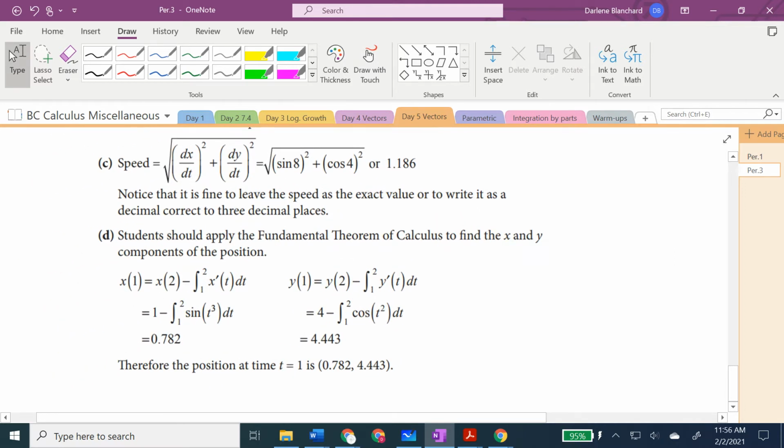I have found that with some students, I need to just directly say how to use the fundamental theorem of calculus. If you take your dx/dt function and you integrate that from t equals alpha to t equals beta, the result of that is going to be the x position at time beta minus the x position at time alpha.